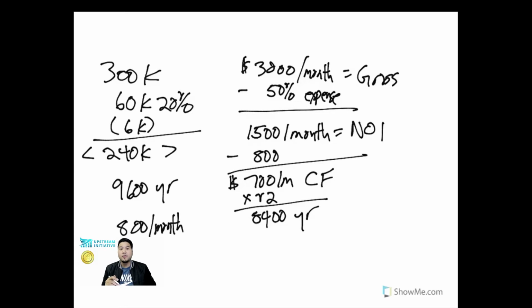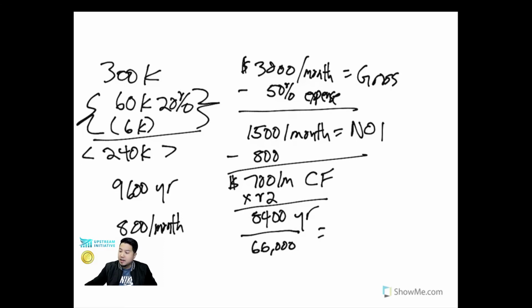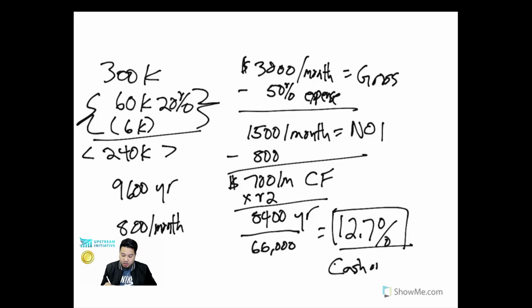Now, in order for us to find the cash on cash return, we're going to take your initial investment, this is how much money you have to put down, $66,000. So we take 8,400 divided by 66,000, and that's going to give us our cash on cash, which is 12.7%.